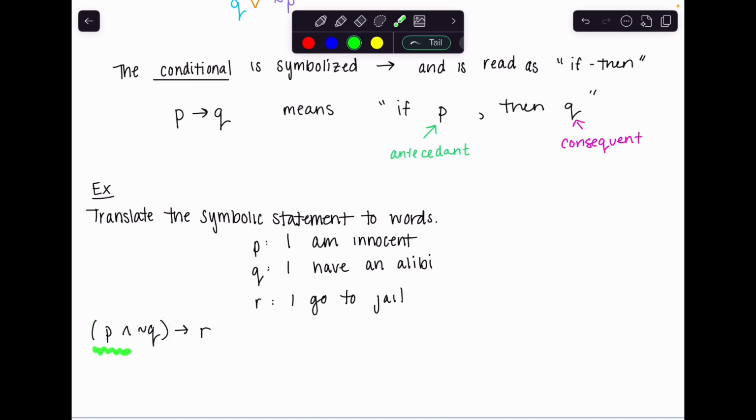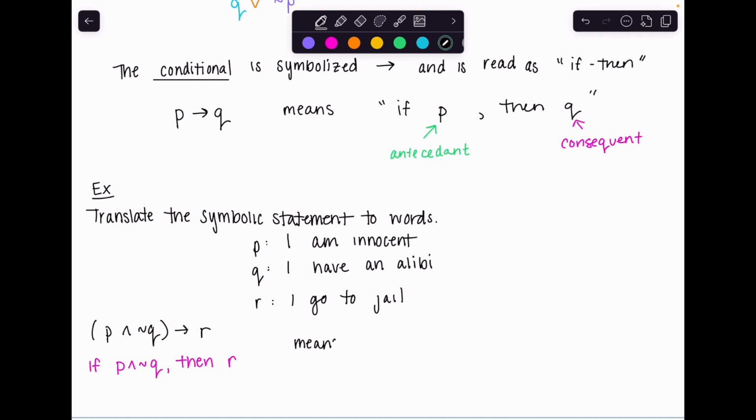So this is your antecedent, and this is your consequent. The main operation you're doing is this conditional, because this stuff occurs first. This is the very last operation. So the way you can think about this is if P and not Q occurs, then R is going to follow.